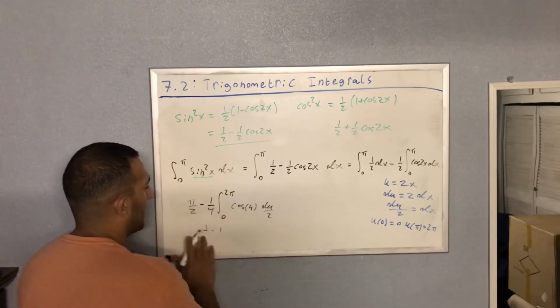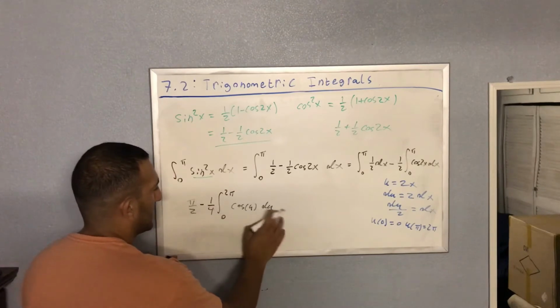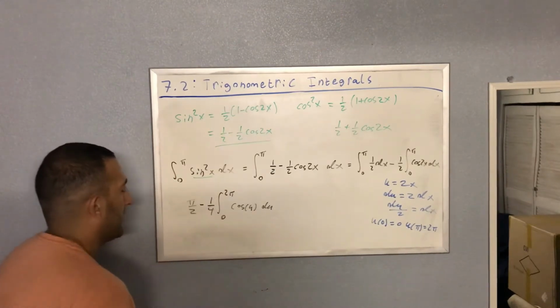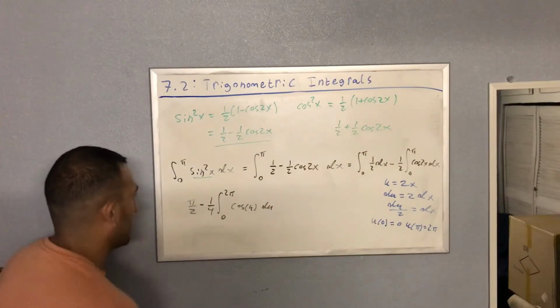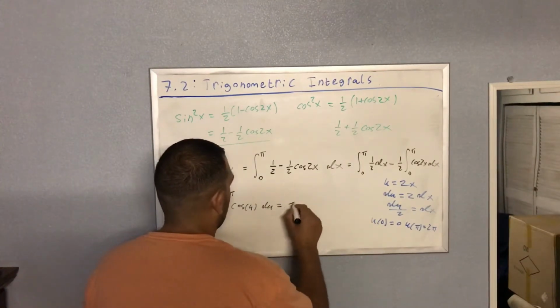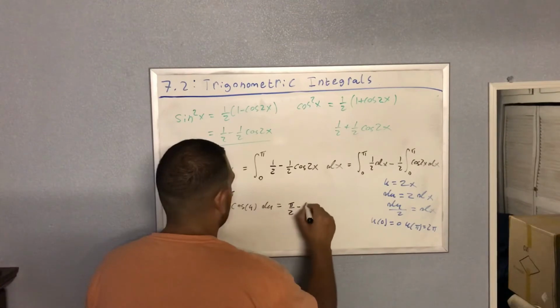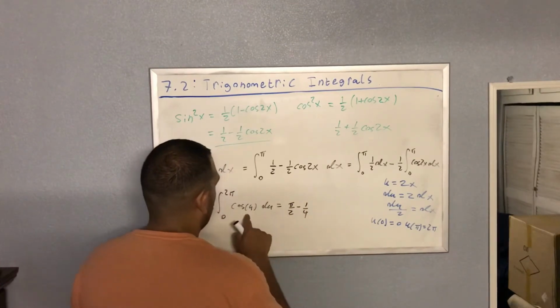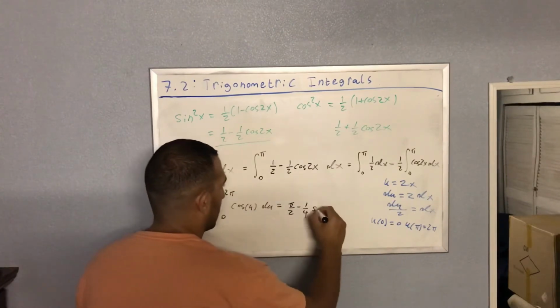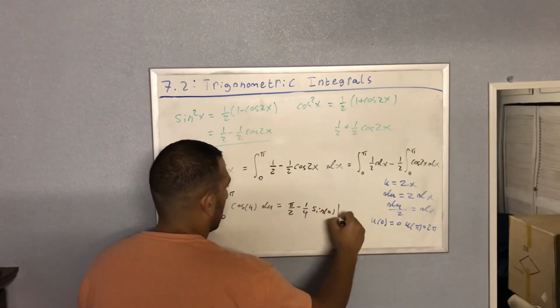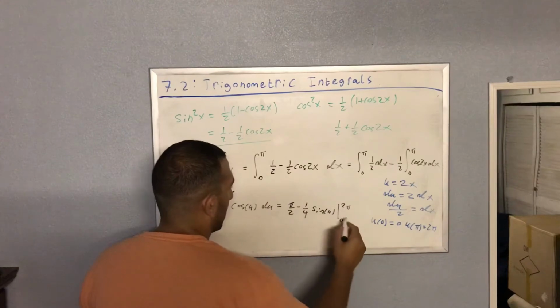So this will be a fourth, and this just goes away. Okay, and then this becomes pi over 2 minus 1/4, and then remember the integral of cosine is sine, and then we evaluate that from 0 to 2 pi.